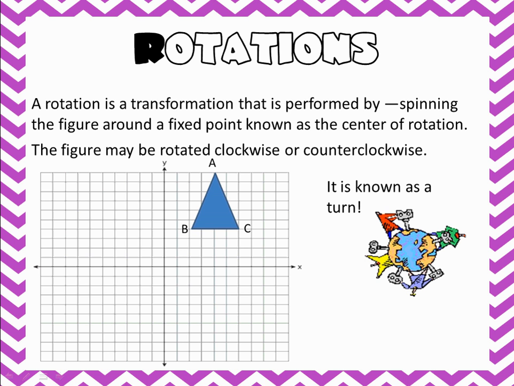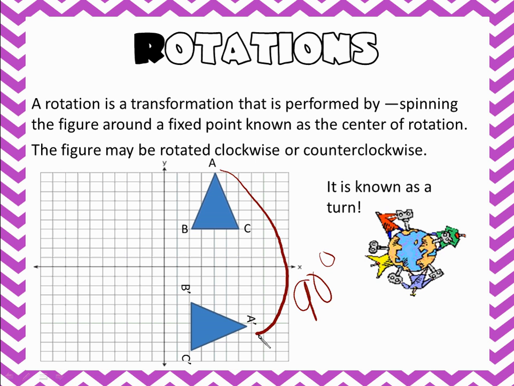All right, so let's look at this mathematically. Again, starting with our same triangle in the first quadrant, if I wanted to rotate this triangle 90 degrees clockwise, it will end up in the second quadrant. So from here to here, we went 90 degrees, and it's clockwise.